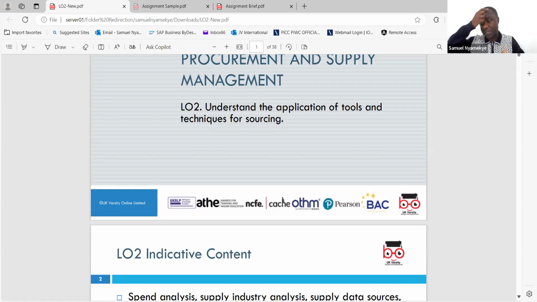How do you do it? You will have to identify them. You have to put a request together. You have to invite them to bring their quotes. You have to be able to evaluate. Then eventually you select. So that is another very important tool.